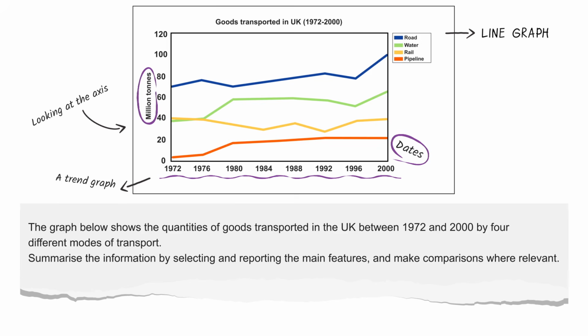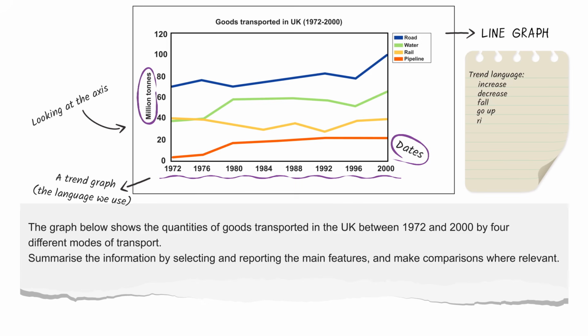It's very important because we're looking at how data changes over a time period. So when we have dates, all right, in the horizontal axis, then our graph is a trend graph, all right? And that doesn't necessarily need to be a line graph. It might be a bar chart as long as there are different dates, all right? It could even be a pie chart, right? And we need to keep this in mind because it will influence the language we use when writing our response, all right? So we are going to use trend language like increase, decrease, fall, right?